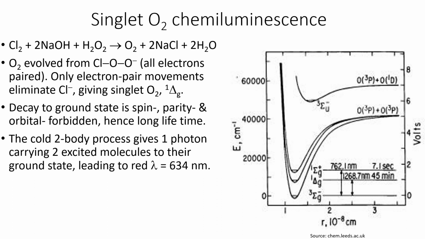When the two come together, it's a bit like their spins are almost cancelling. With two molecules up close and having their spins anti-parallel, it might look a little bit like a system with no net spin. You can use a similar argument about the orbital angular momentum. So when two molecules get together and cooperate in this way, we have this so-called two-body process, and this gets around the selection rules. But we have still got this very, very long lifetime here.